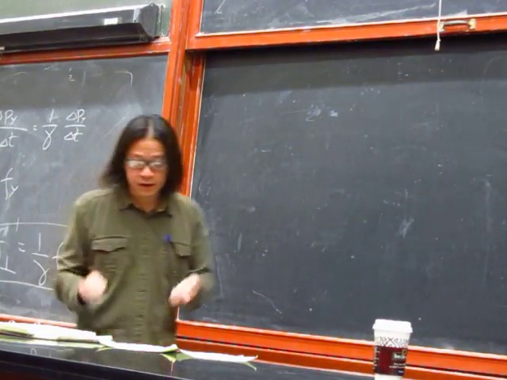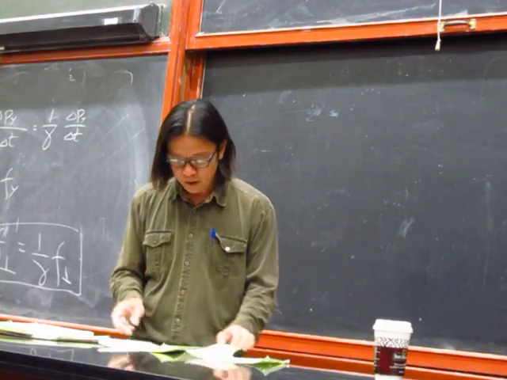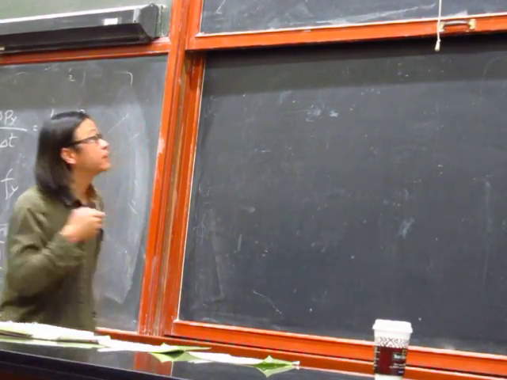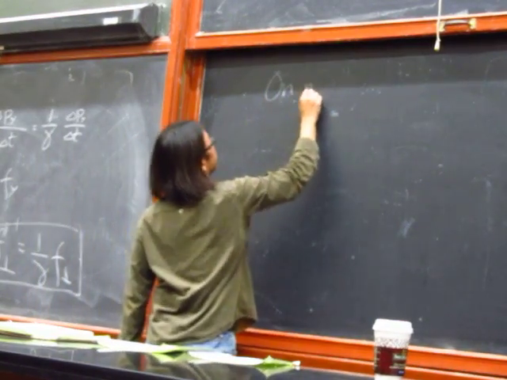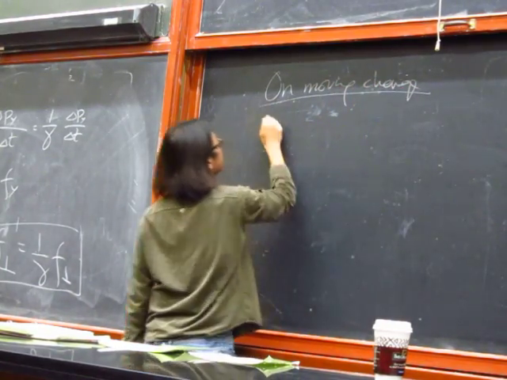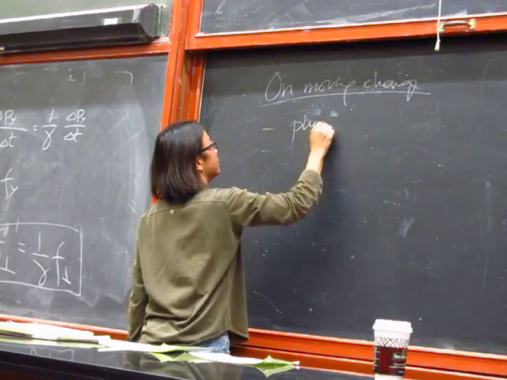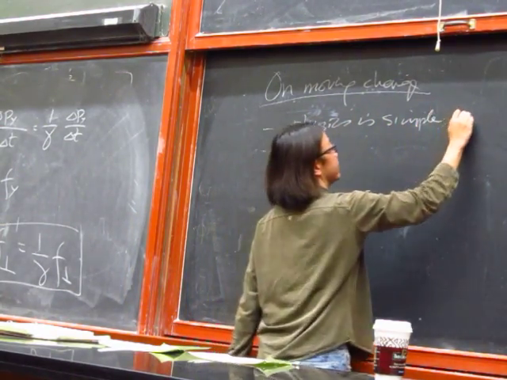In particular, let's talk about an example. The thing is, on a moving charge, physics is simple in the rest frame of the particle.